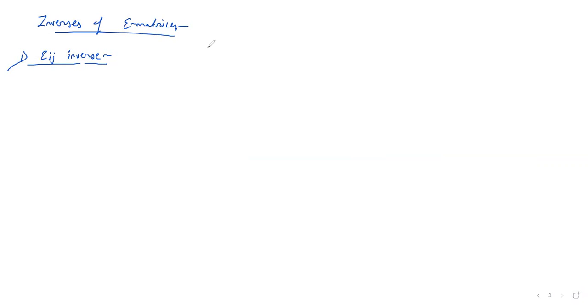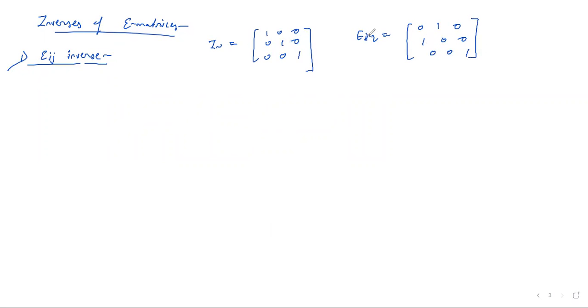Let's take an example: I have this unit matrix, 1 0 0, 0 1 0, 0 0 1. This is my identity matrix. Now if we perform the operation E12, interchanging the two rows, that will be 0 1 0, 1 0 0, and 0 0 1. So this is my E12.